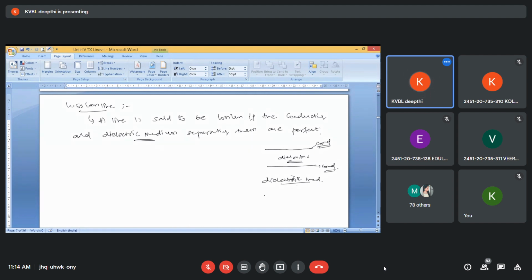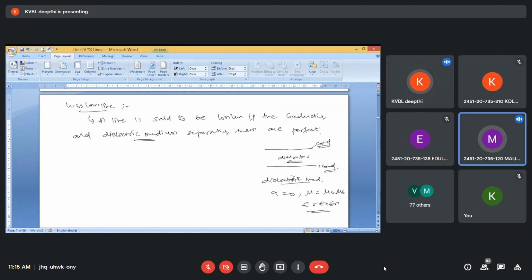What are the conditions? Sigma equal to 0, mu is equal to mu naught mu r, and epsilon is equal to epsilon naught epsilon r.